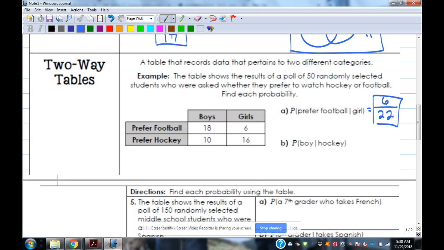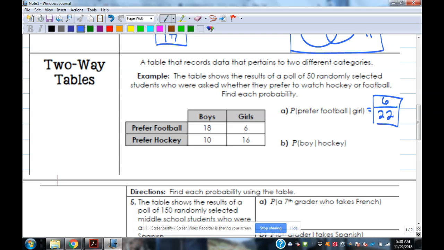Part B there says probability of picking a boy given that they like hockey. Okay, so what part of that chart are we looking at? Are we looking at the boy column?